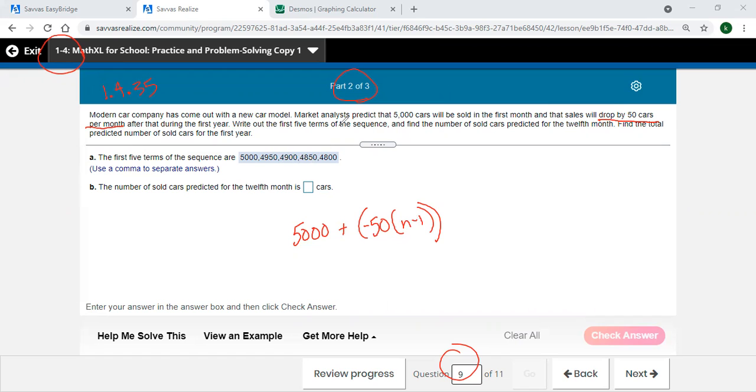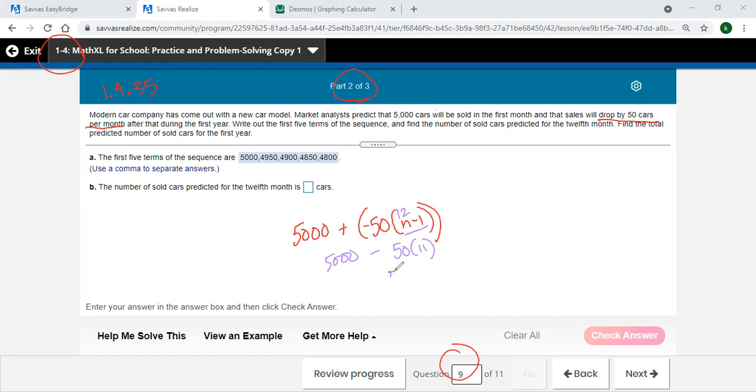And they're saying the 12th month, how many would it be? So if I put a 12 in here, I'm going to take my 5,000 and I'm going to subtract 12 50s. 12 times 5 is 60, right? And add a 0. So that would be, oops, that's not right, because it's not 12, it's 11. We're subtracting 50 times 11, 12 minus 1.